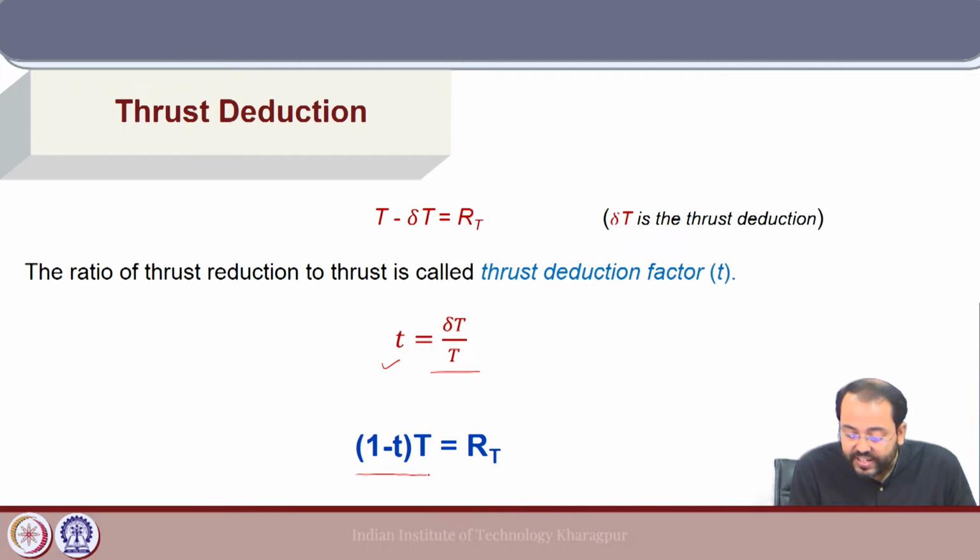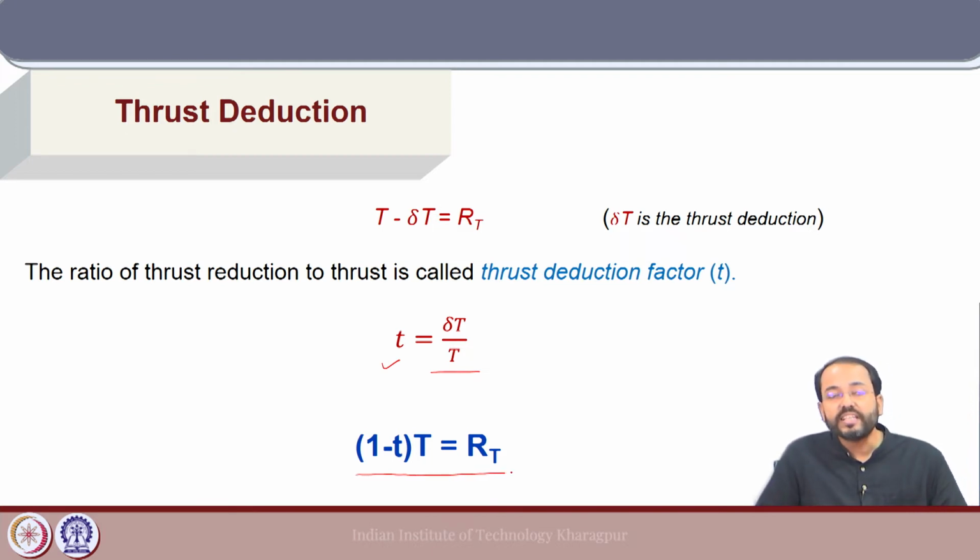Once we do it, then we can express this thrust reduction fraction as a function of both the thrust and resistance in this form. So, the thrust that is measured in the self propulsion test from the propeller is related to the total resistance of the ship.